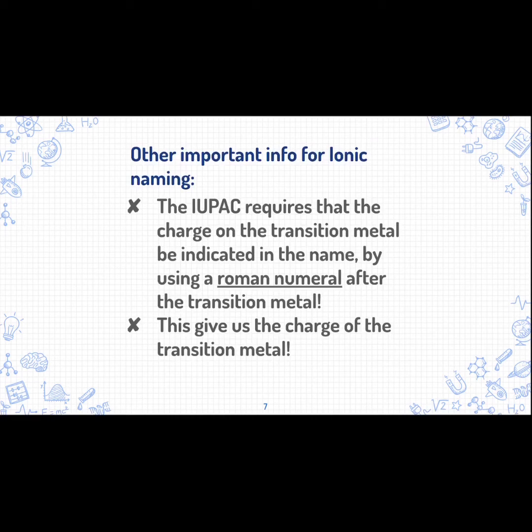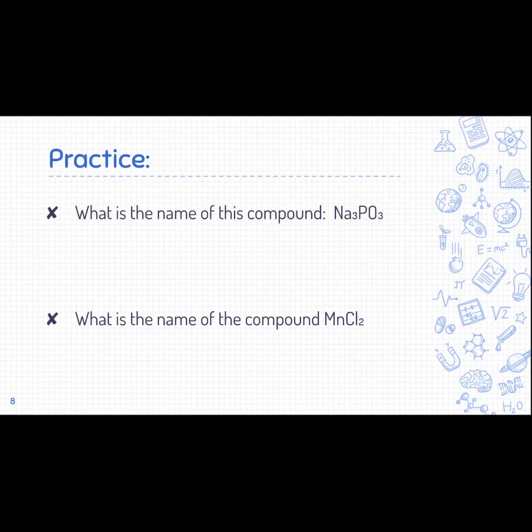I will also hand you a paper that has transition metal charges on it. So when we're writing out the actual name and it includes a transition metal, we have to use a Roman numeral to indicate what the charge is. Transition metals can have multiple charges, and we use a Roman numeral when we're writing the name. I'll give you some examples of that as well.